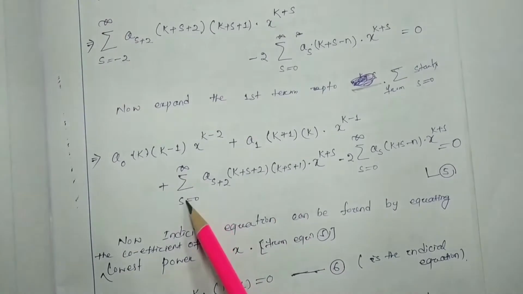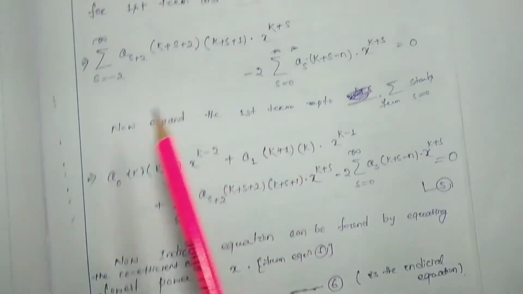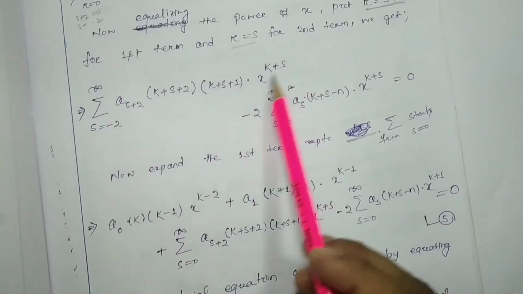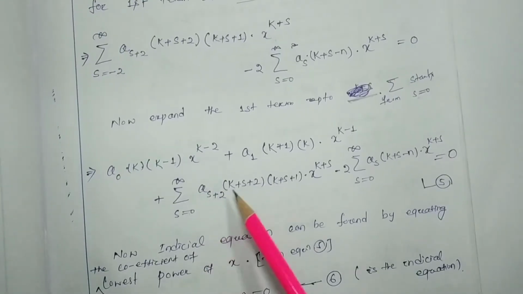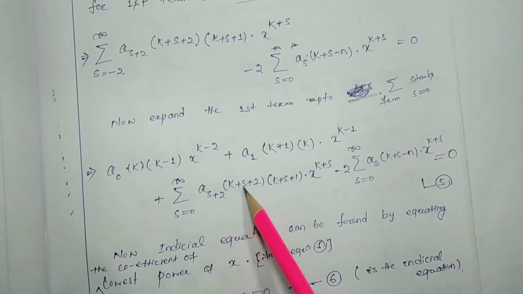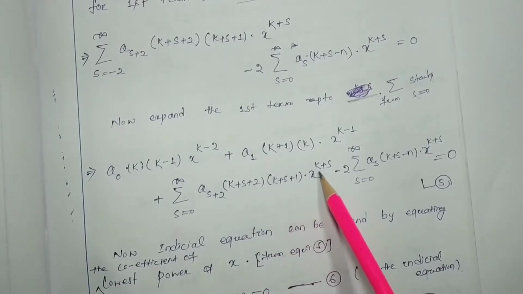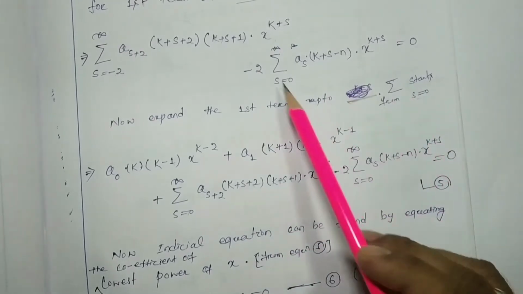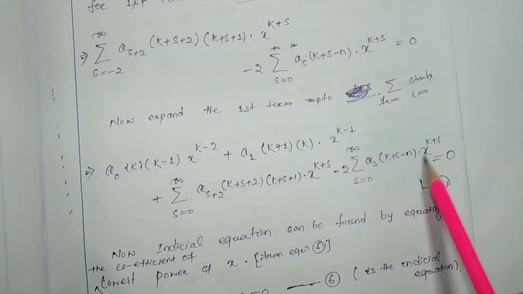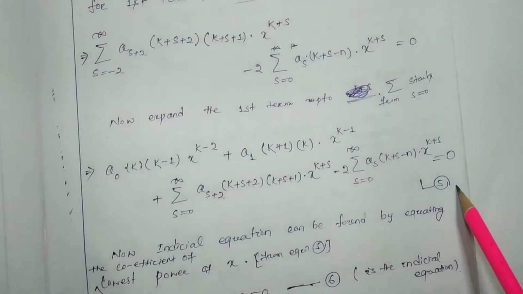So I can write s equal to 0 to infinity, the same terms, a_{s+2} into (k plus s plus 2) into (k plus s plus 1) x to the power k plus s, and the second term written as usual, equal to 0. Let this be your equation number 5.